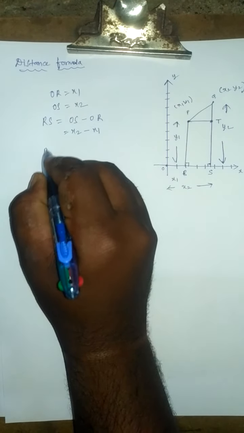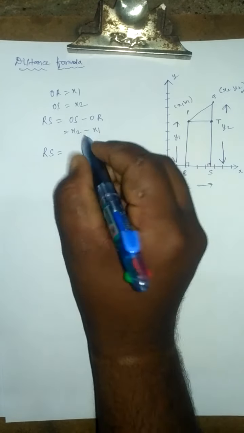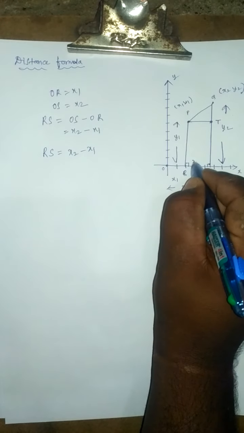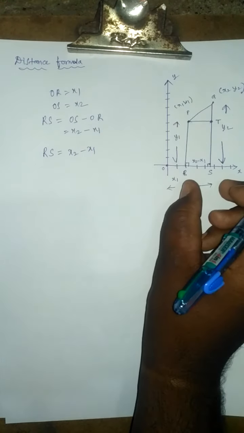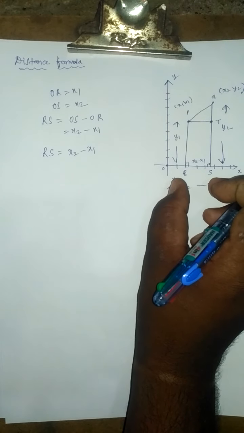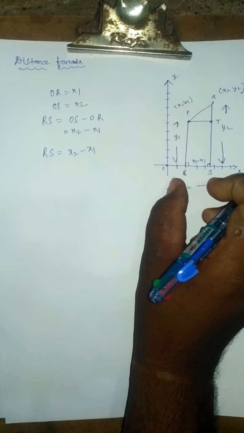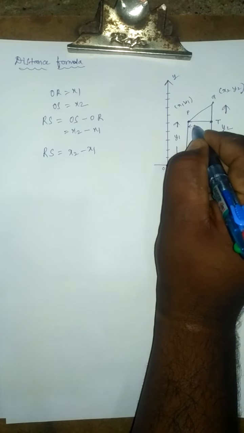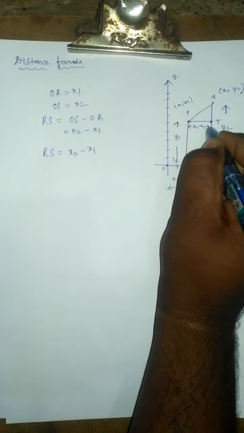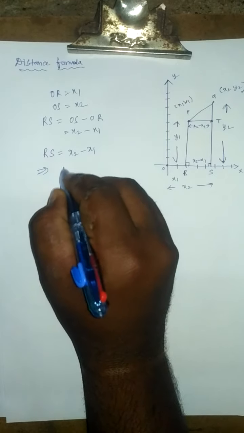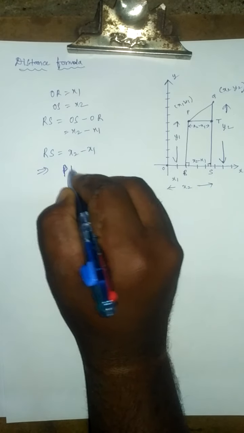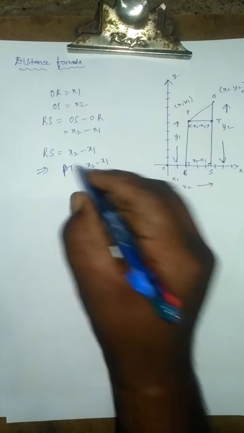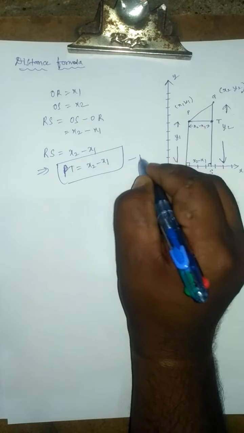So the distance between R and S is x2 minus x1. Whatever the distance between R and S is, the same distance will be there between P and T. Therefore this distance is x2 minus x1, which implies PT is equal to x2 minus x1. So this one I am going to call equation number 1.